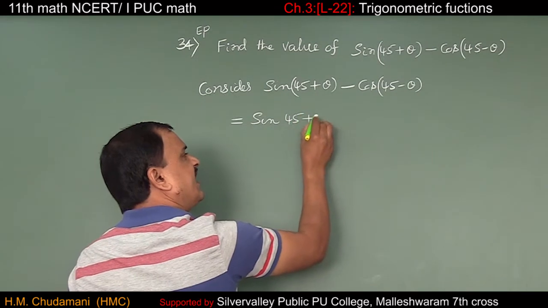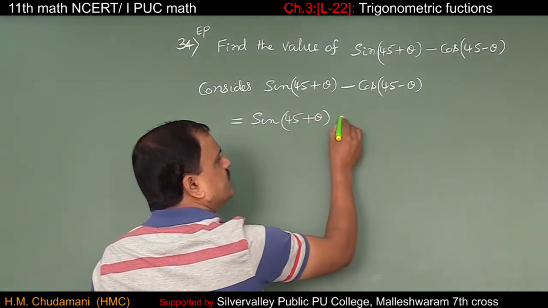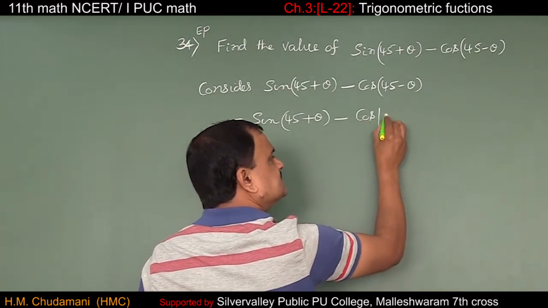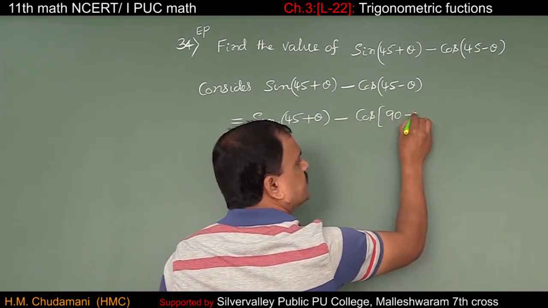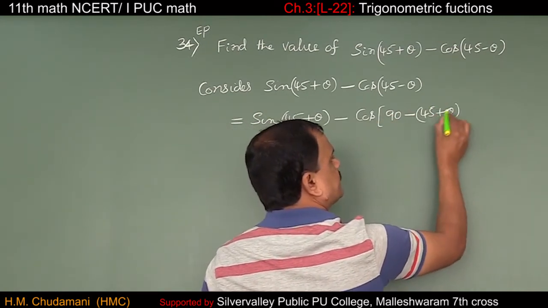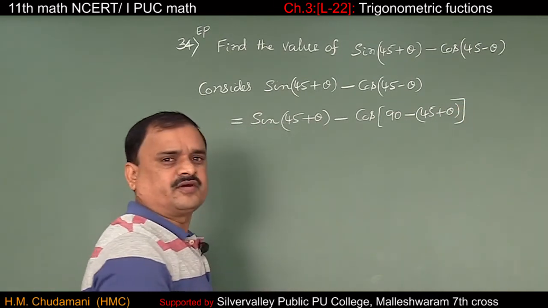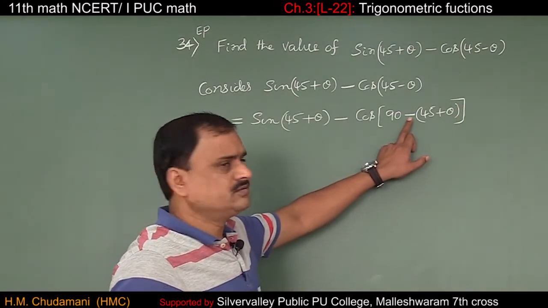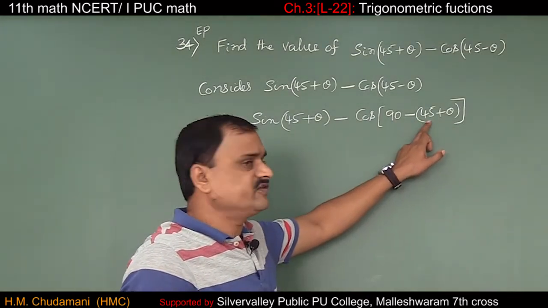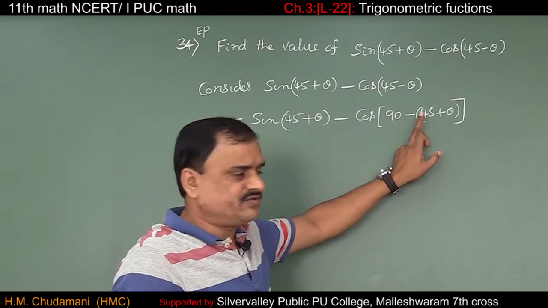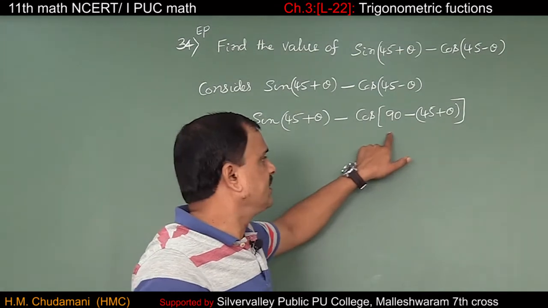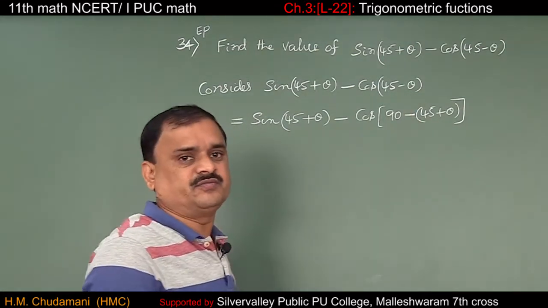sin of, look at the angle, this is 45 minus theta, whereas this is 45 plus theta. I just write this as 90 minus of 45 plus theta. You just look at cos of 45 minus theta. 90 minus 45 means 45 only. So 45 minus theta can be written as 90 minus of 45 plus theta.